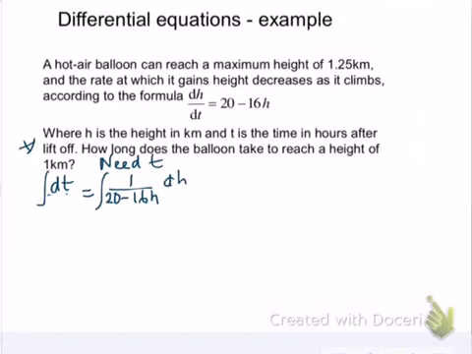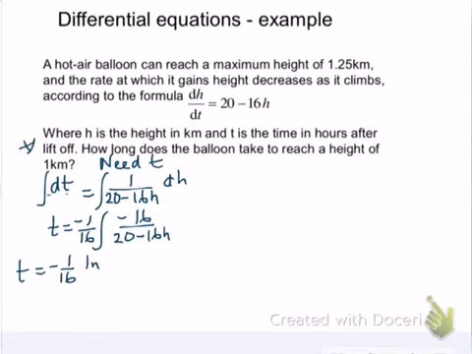If we look at the denominator here, the derivative would be minus 16. So if I have minus 1/16 on the outside, then minus 16 on the inside, I can now integrate this quite easily. I can say that t equals minus 1/16 ln|20 - 16h| plus a constant c.